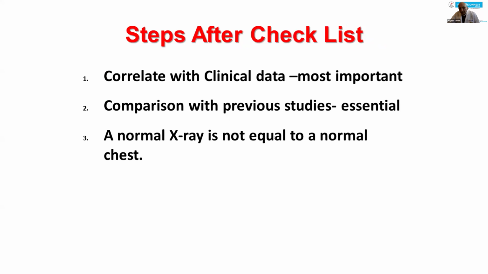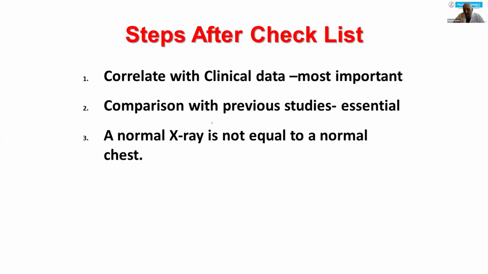So next step, correlate all X-rays with the clinical data. Clinical data is the single most important thing which can tell you whether there is a disease or no disease. And if there is a disease, is it correlating with the disease process that the clinician has described in the requisition form. It is also very important to compare X-rays with the previous studies.